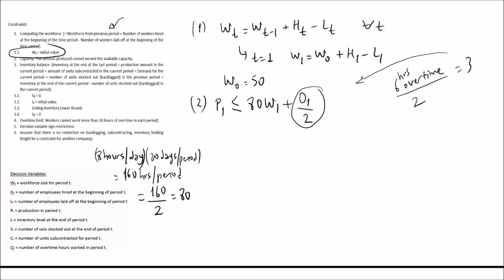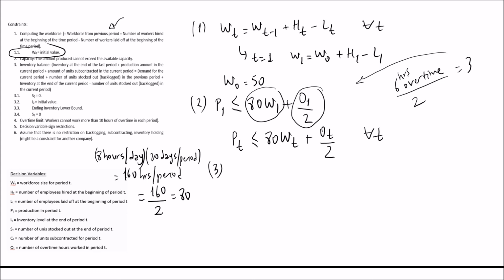So that is my overtime capacity, whereas this 80 times W1 is my regular time capacity. This is going to be the same idea for all periods, and I'm going to generalize it and say PT less than or equal to 80 WT plus OT divided by 2 for all T values.